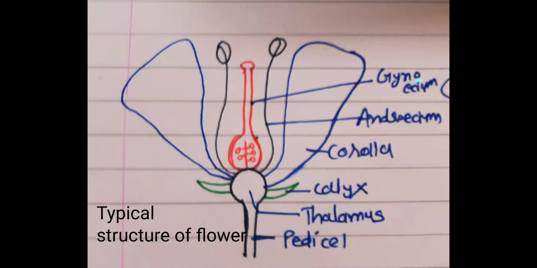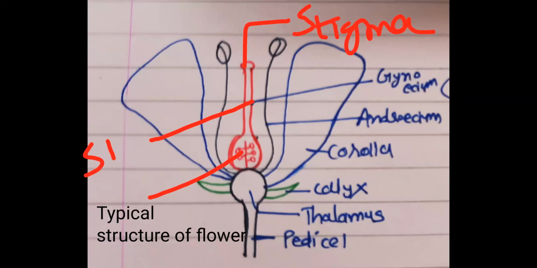Gynoecium, in that 3 parts, ovary, this is the ovary, style, and stigma. Ovary, style, and stigma.